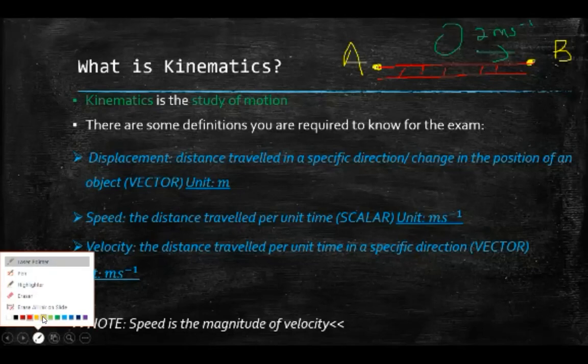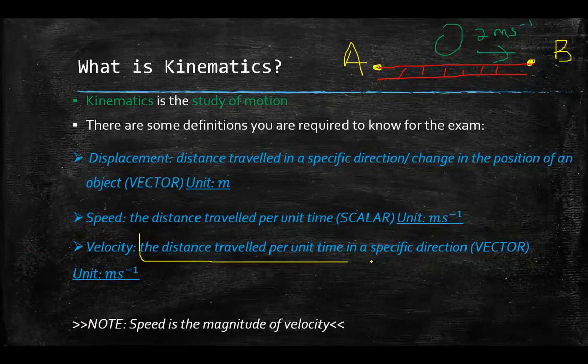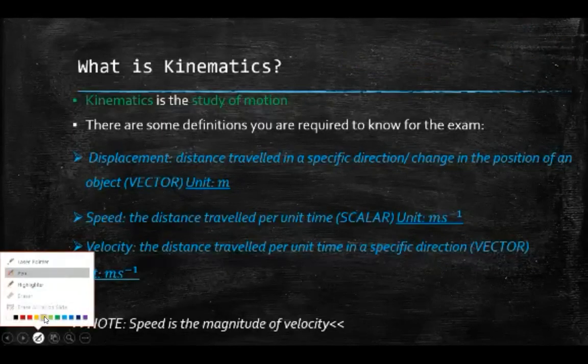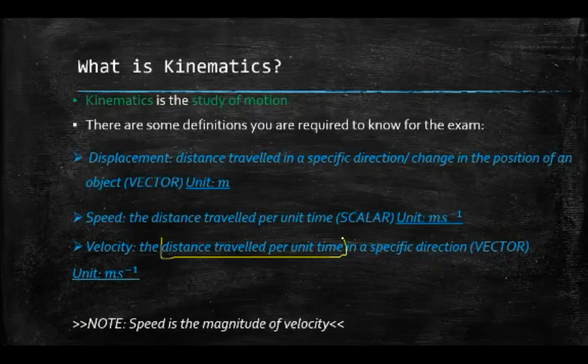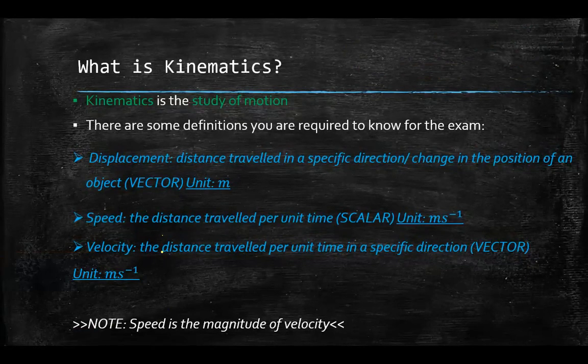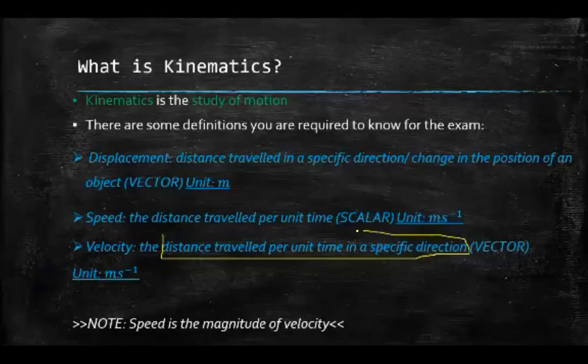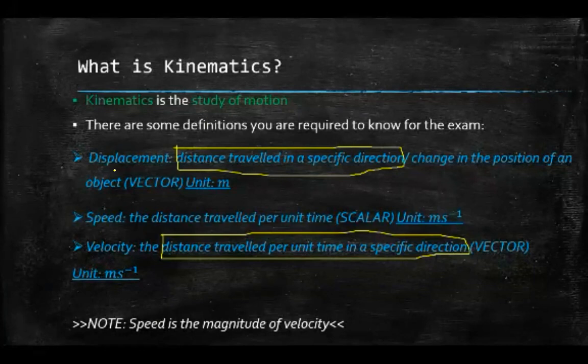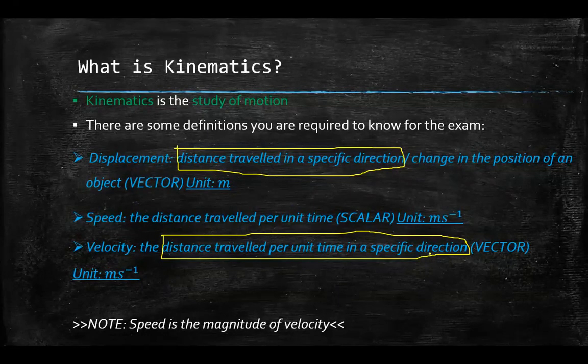Well, looking at this, distance traveled per unit time in a specific direction. Displacement is the distance traveled in a specific direction. Velocity is the distance traveled per unit time in a specific direction.